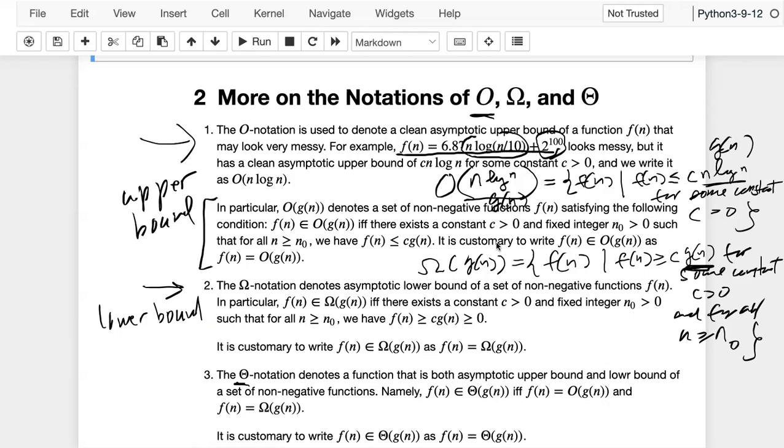This just means that big theta of g of n is a set of all functions such that f of n is big O of g of n and f of n is big omega of g of n, both upper bound and lower bound.